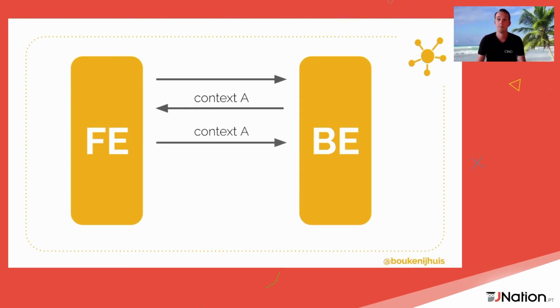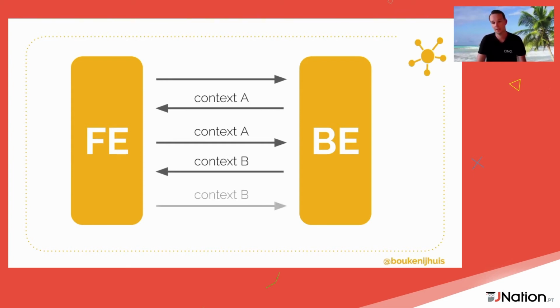Then the backend can modify this context or this state and put it on a response. And again, Dialogflow will put exactly the same object on the next request. So by using this mechanism of putting everything in the messages, state will be contained. There will be state and it will be in the messages. I hope this is clear. Otherwise, hopefully it will become clear during the live coding session.